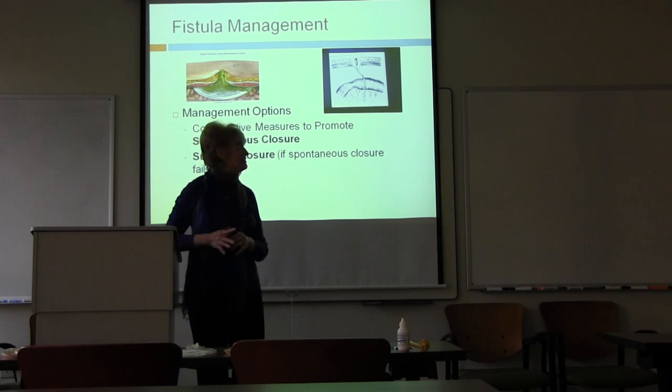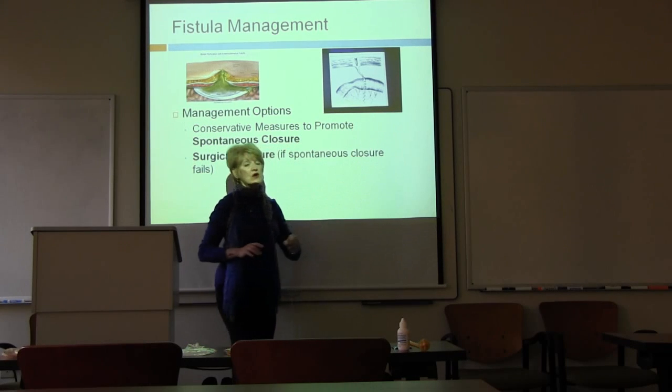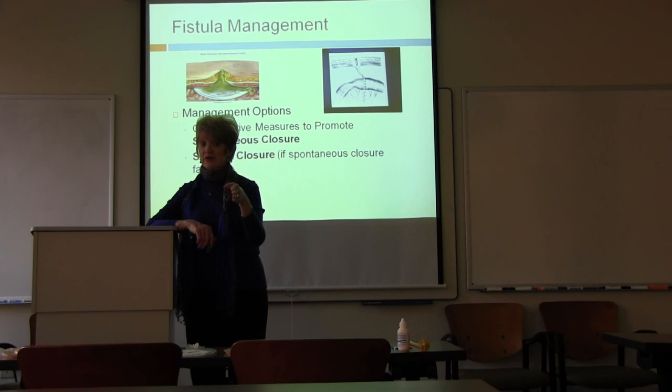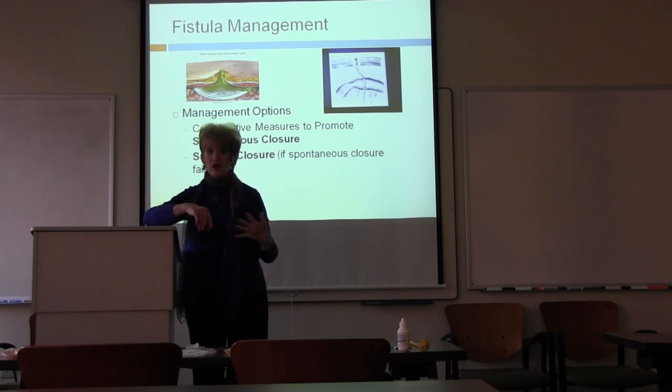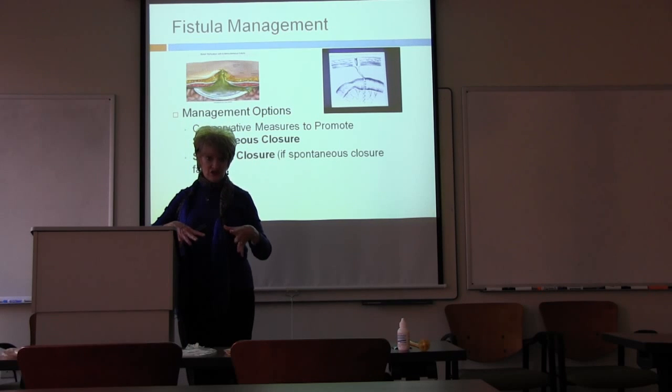Now, when you think about developing a hole on the anti-mesenteric border and stool leaking out, it's always going to follow the path of least resistance. And in a patient who's newly post-op, that path of least resistance is going to be the incisional line. So not surprising that what we commonly see first is incisional dehiscence.